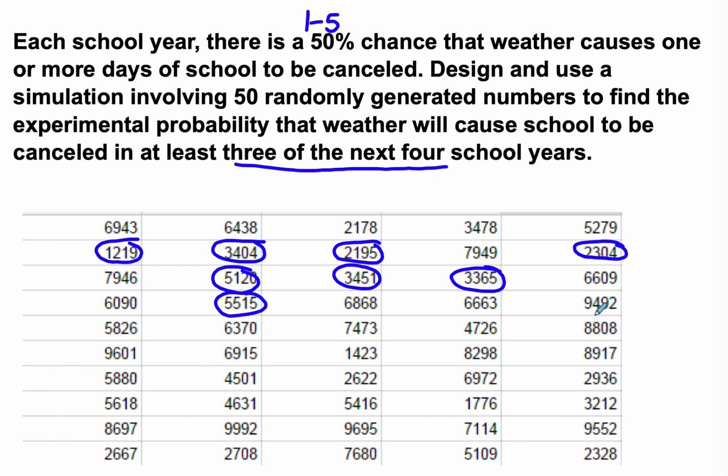No, nothing in that one. This one, yes, all 4 are 1 through 5. This one, yes. This one, yes. This, oh no, 6 is not 1 through 5. Almost got me tricked. Nope, that has 2.